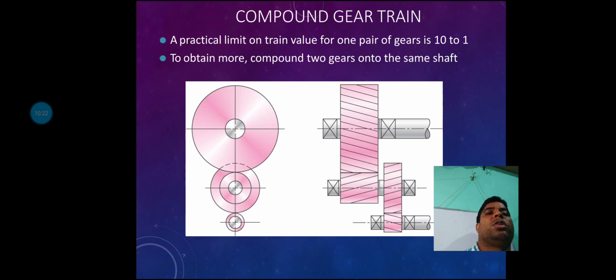That means if more than two gears are connected in such a way that the first gear is connected to the second gear, and 2 and 3 are on the same axis and same shaft, that's why the speed of the 2 and 3 gears are also the same, because both gears are connected to the same shaft. That's why that type of gear is called a compound gear.